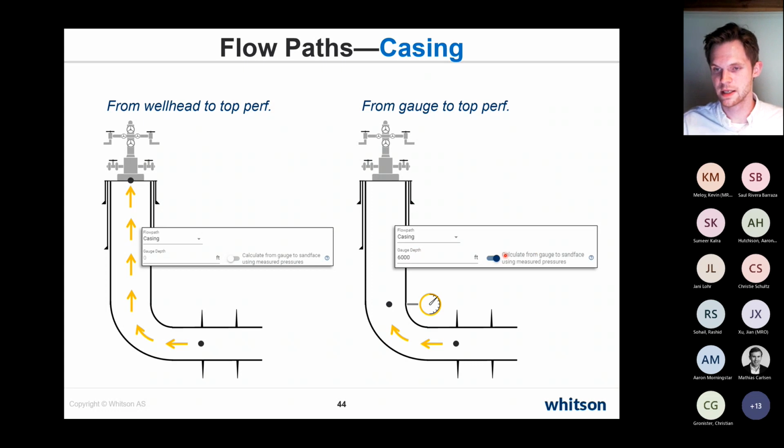You can turn on this calculate from gauge to sand phase using measured pressures. And if you provided measured pressures with the production data, the calculator will start at this depth instead of at the wellhead and compute down. And that may reduce the uncertainty quite a bit in these correlations. The closer you are to the true answer, the better.